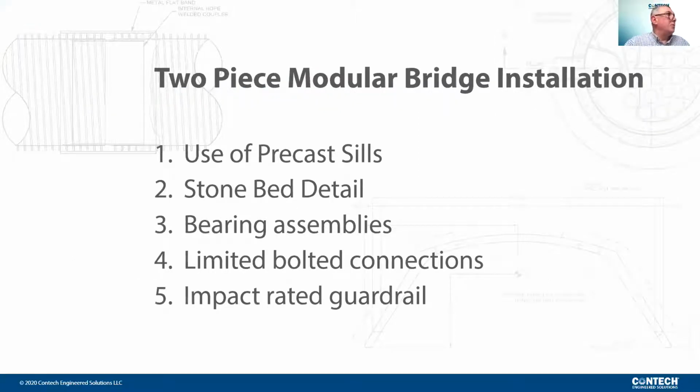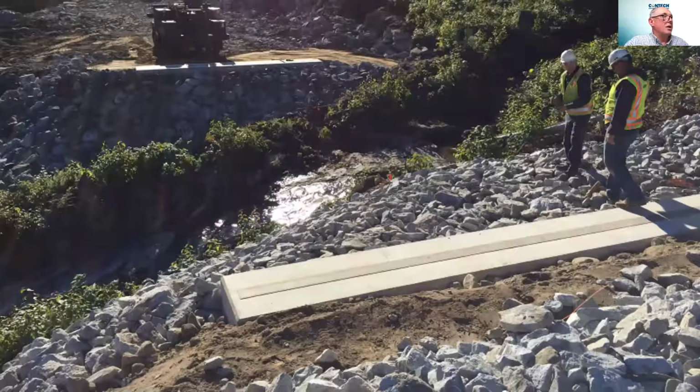I'm going to go through a two-piece modular set, the use of precast sills, a stone bed detail, bearing assemblies, limited bolted connections, as well as impact rated guardrails. This precast sill is usually 30 inches wide, 18 inches deep, and varies in width depending on deck width.